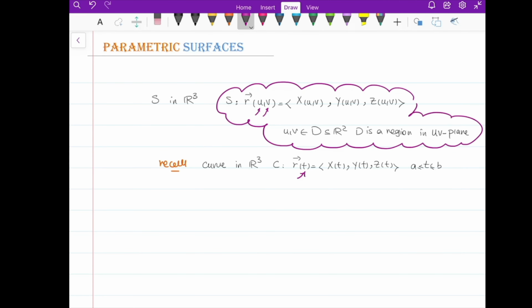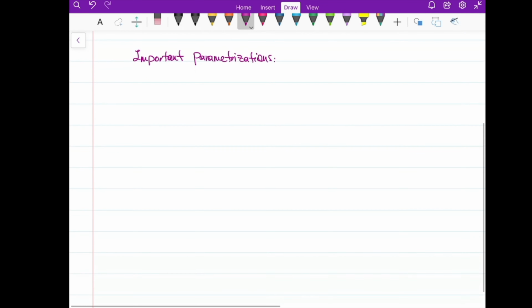Okay, so this is the general formula, and then important parameterizations. Number one, if we have the graph of a function z equals f of x and y.